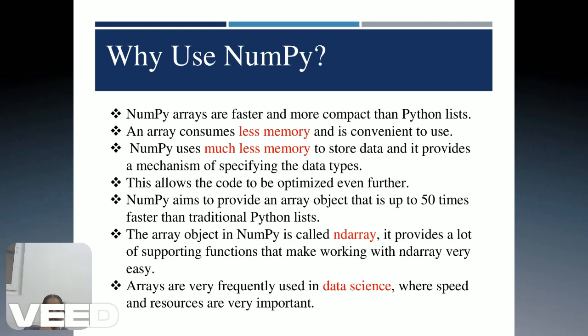It consumes very little memory compared to a list. Usually the array object in NumPy we call it ndarray, which is very frequently used in data science. And also this ndarray gives a lot of supporting functions that make working with ndarray very easy.